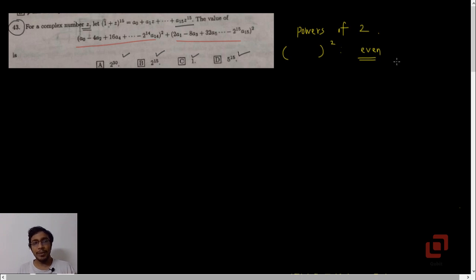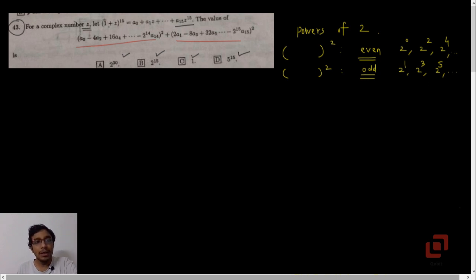By even powers I mean 2 raised to 0, 2 raised to 2, 2 raised to 4 and so on. And if you look at the second sum, it has all odd powers, that is 2 raised to 1, 2 raised to 3, 2 raised to 5 and so on.